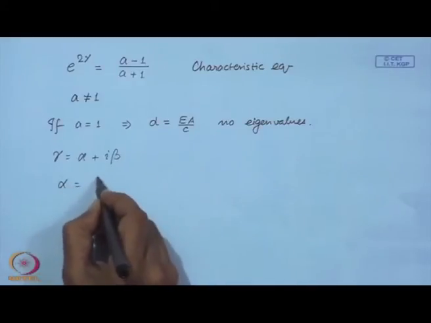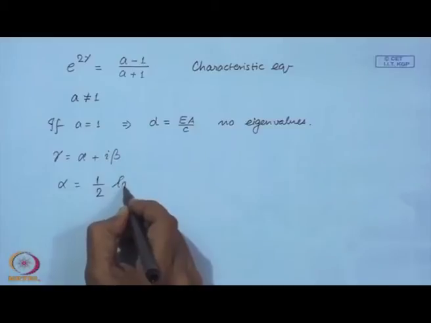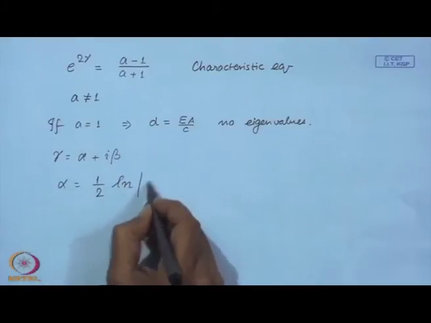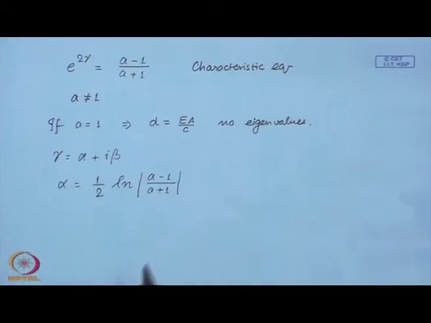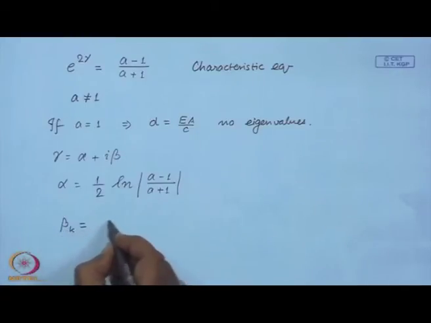a complex number of this form, alpha plus i beta. So, alpha can be easily solved as log natural of, and beta is indexed now with the phase.